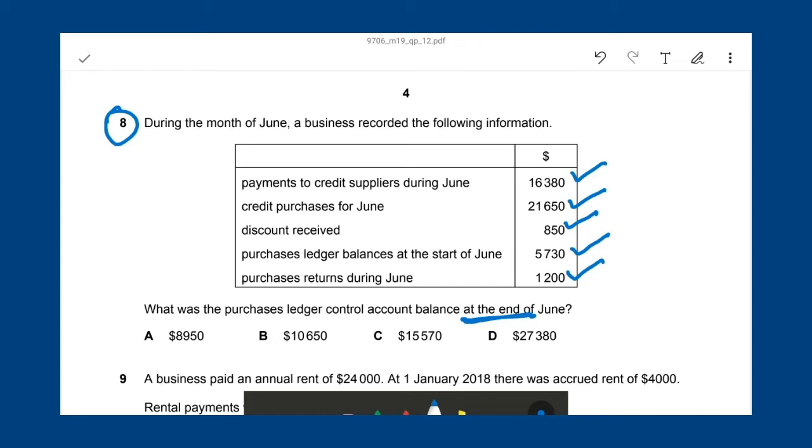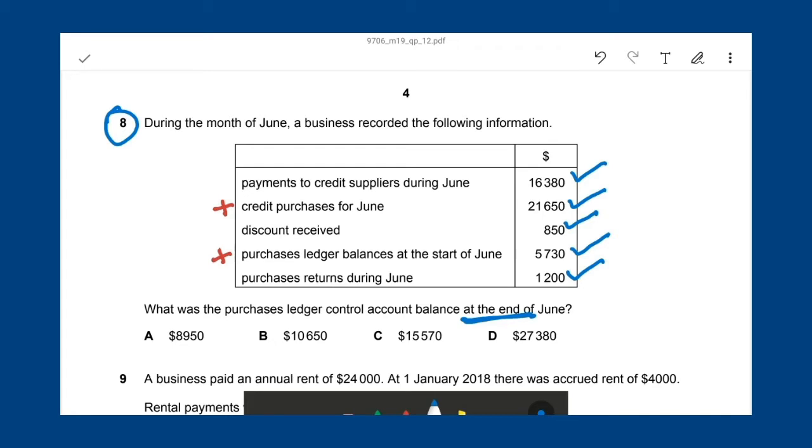Opening balance plus total credit purchase minus payment. That means increasing the creditors or increasing accounts payable, we should add. Decreasing accounts payable or creditors, we should deduct.